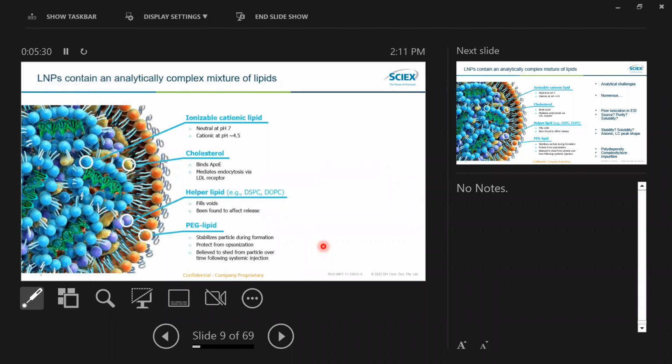To deliver genetic material or mRNA material, lipid nanoparticles are commonly used. So this is an artist's representation of what a lipid nanoparticle with mRNA encapsulated within it may look like. And typically, there are a few different lipids that are used in these formulations.